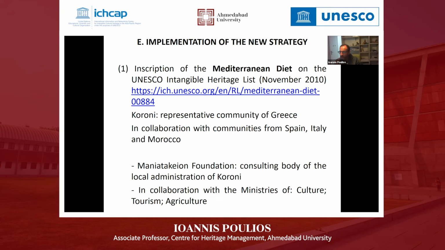So Koroni was the representative community of Greece. And since we're referring to the Mediterranean diet, it's not only about Greece. It's about the whole Mediterranean countries, Spain, Italy, Morocco. They had already links with Spain and Italy. Do you remember the international conference? So the links were already there for Spain and Italy.